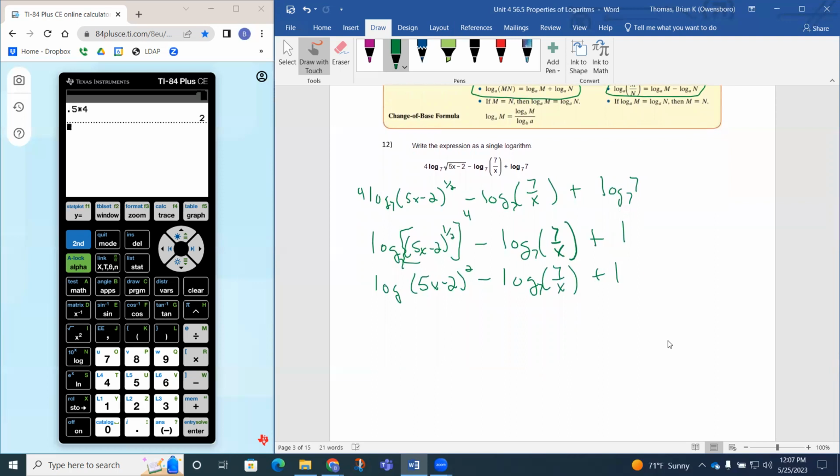Well, since they say a single logarithm, I think I may have jumped the gun on this 1 because I've got to put this all together as a single log. So let me back up and leave this as the log of 7 base 7, and just see what happens by leaving it like that.